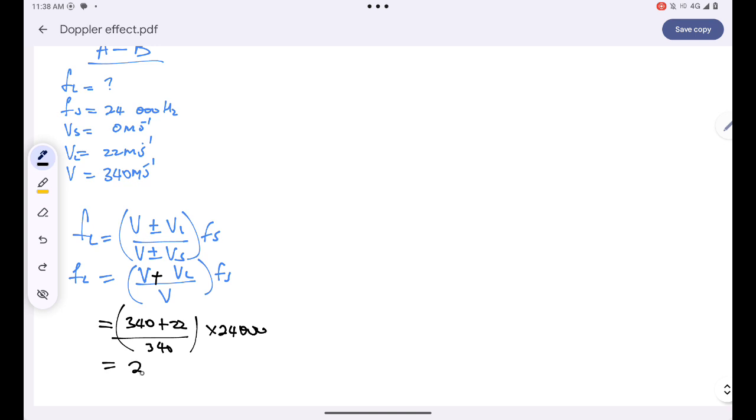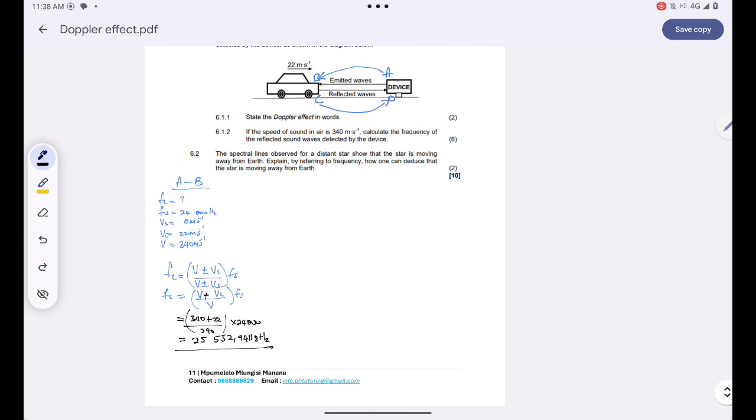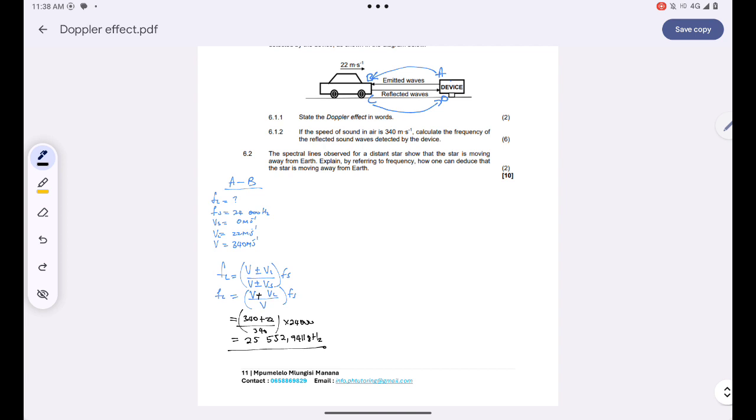This will give me 25,552.94118 hertz. So basically the car will detect this amount of frequency. And then the car will reflect that frequency back to the device.